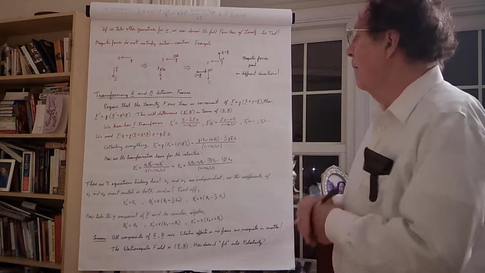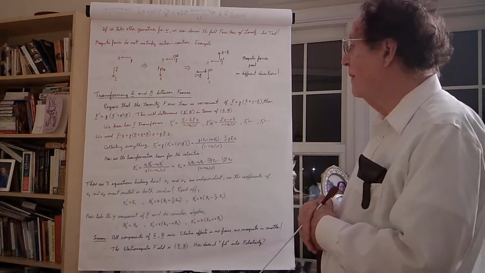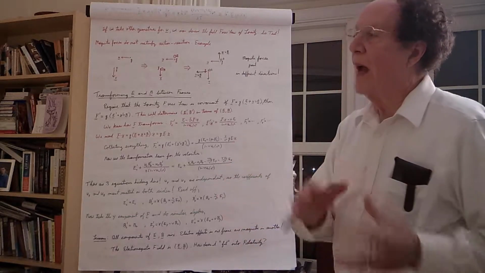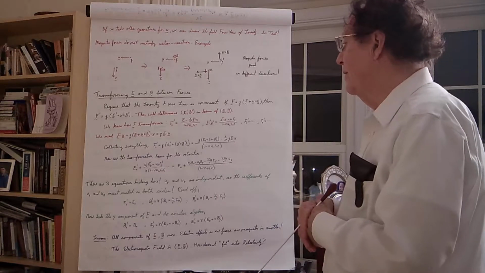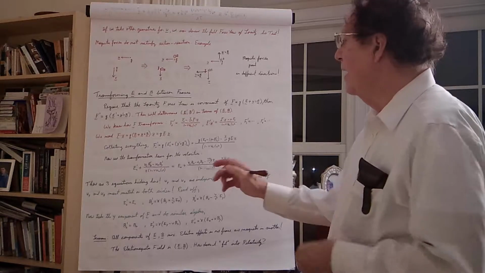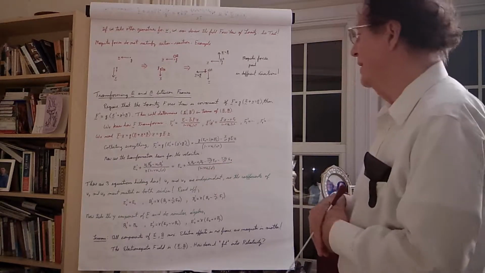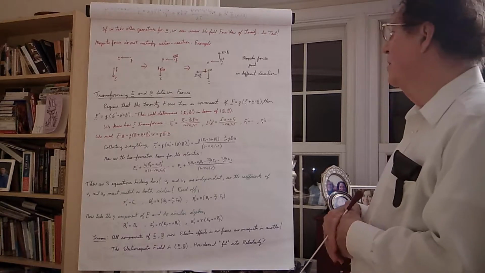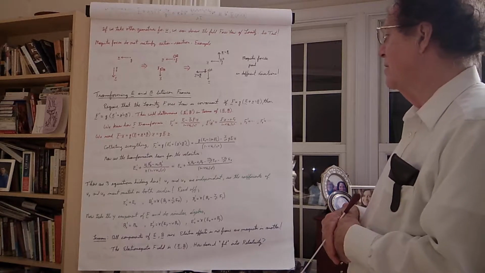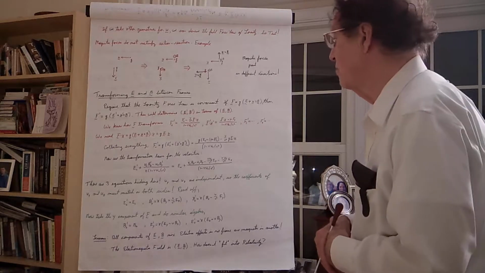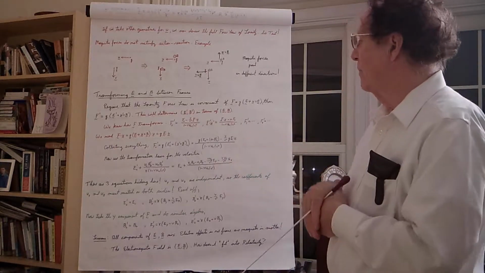Then I'll take my expressions for u prime in the y direction and u prime in the z direction and look back at the transformation law to get how they're related to u in the y direction and u in the z direction. That's what I've done in this formula. I just pulled it out and written it down. Nothing mysterious about that, just applying what I know about how to add velocities in special relativity. That takes care of my left-hand side.